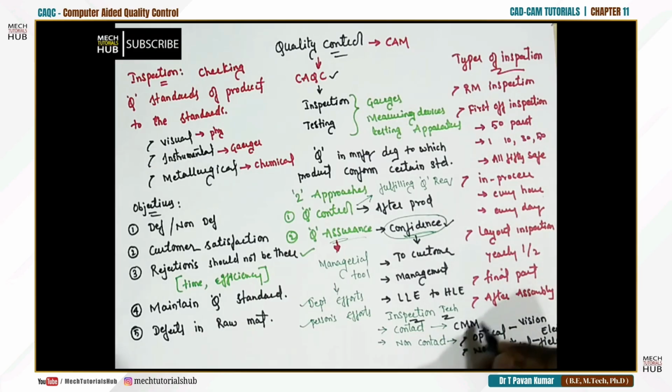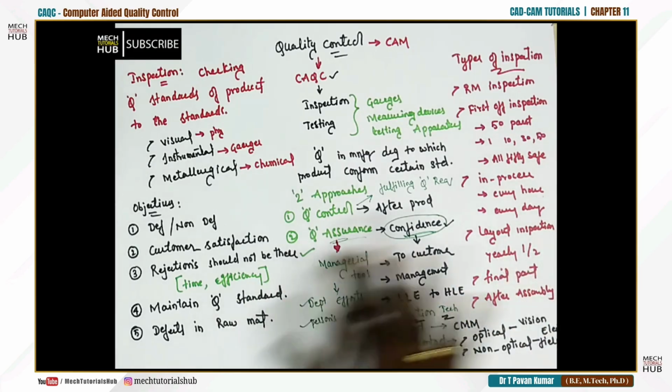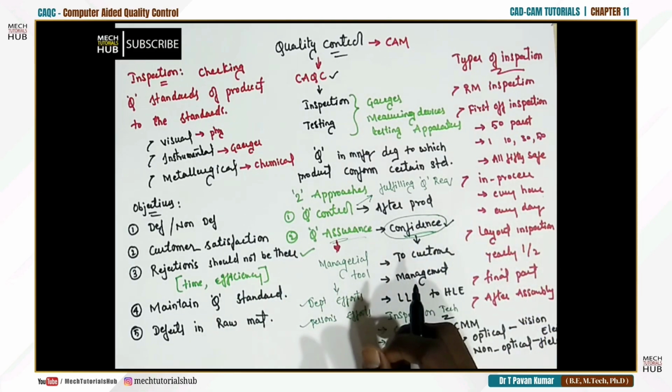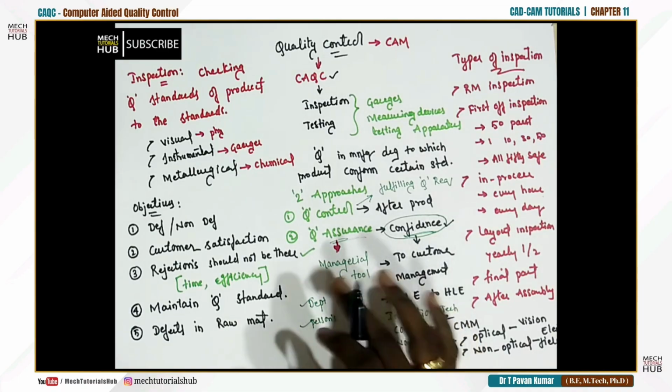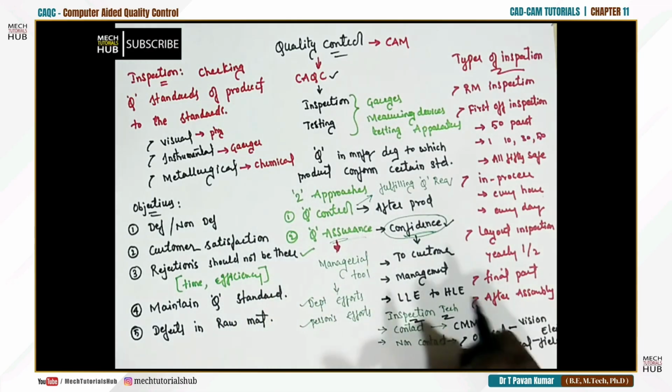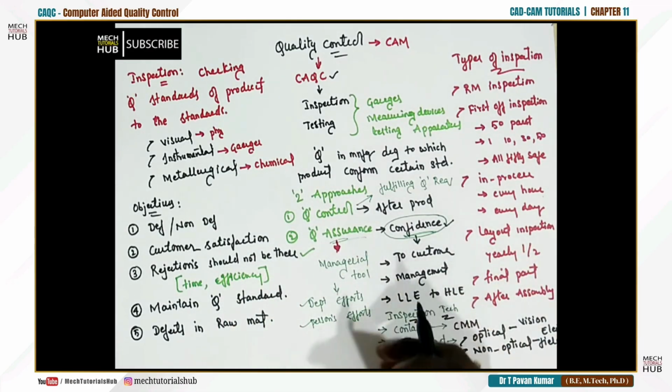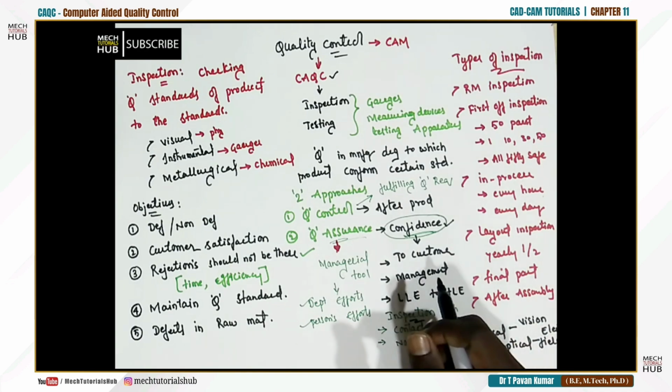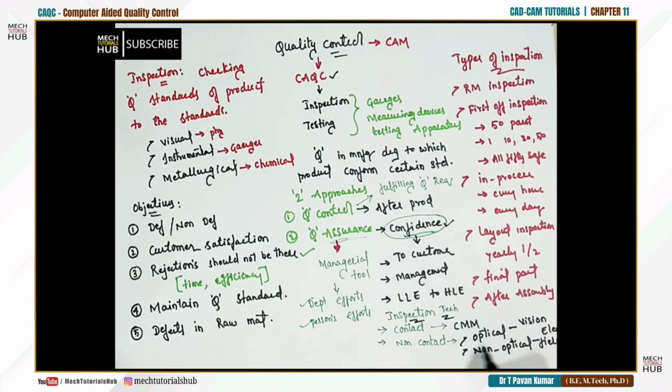It will have a table which holds the part in a fixed position, and a movable head to hold the sensors and probes. The probe will travel on the part to detect defects or give information. In a similar fashion you have non-contact inspection. The optical types are more in use, which will give you accurate results. This is all about computer aided quality control.